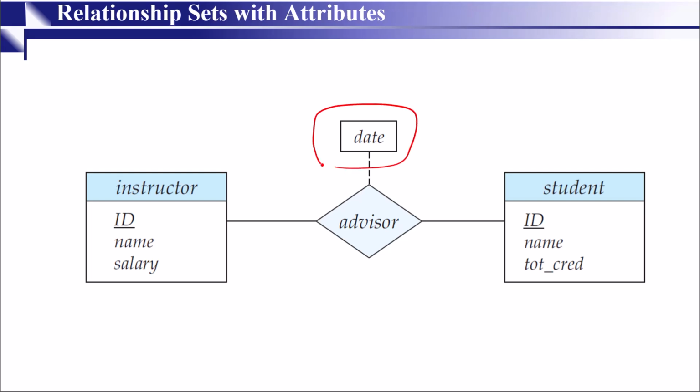So as I told you, the student was under supervision of a professor on a specific date. This adds detail showing when the advising relationship began, which might be useful for tracking duration or performance. So in here, this is a diagram with an attribute advisor, and this has an attribute.